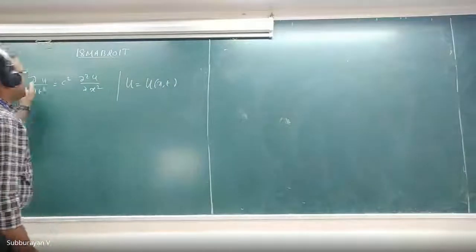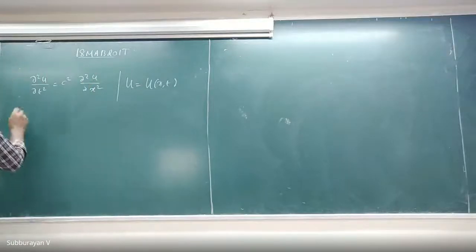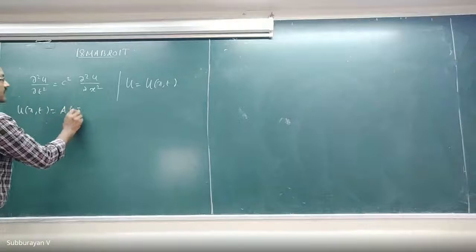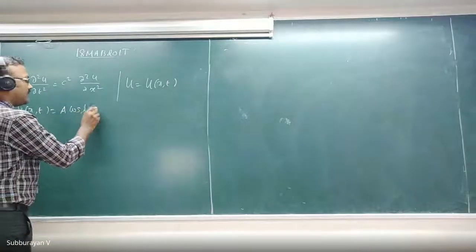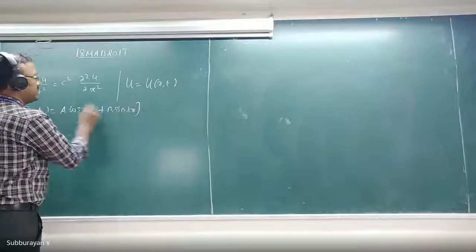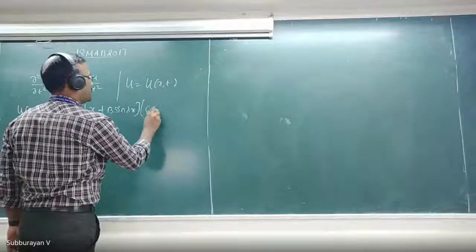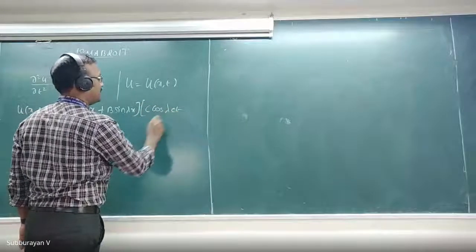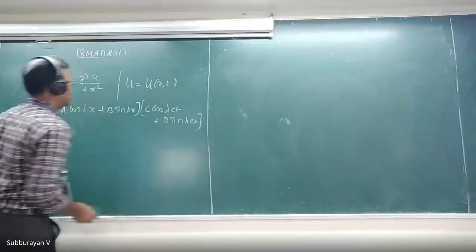The possible solutions of the one-dimensional wave equation are: first, u(x, t) = (A cos λx + B sin λx)(C cos λct + D sin λct).